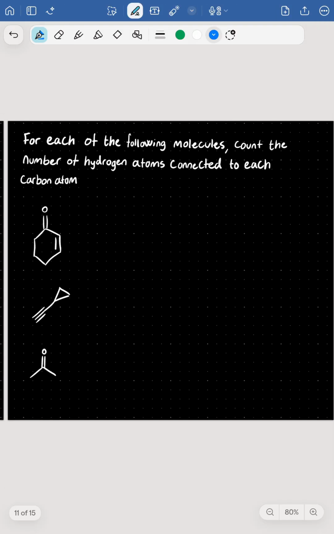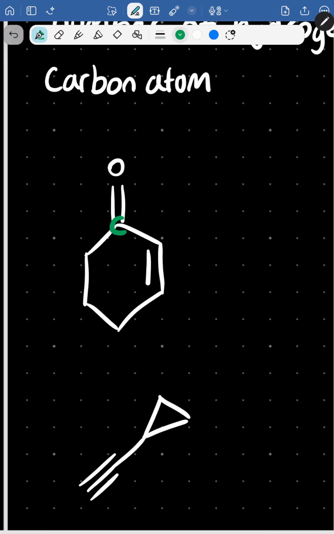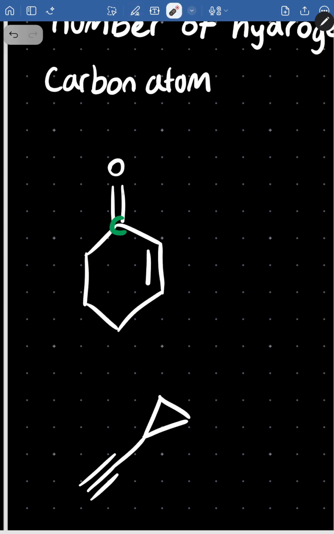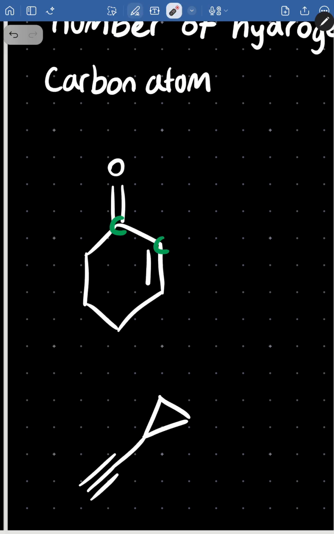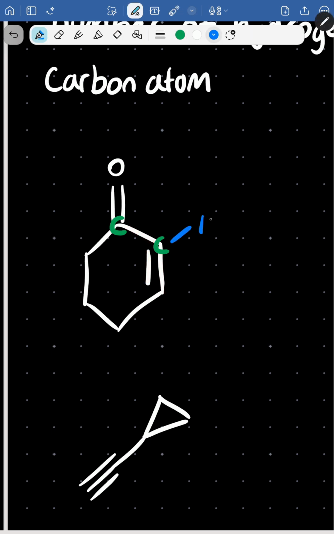For each of the following molecules, count the number of hydrogen atoms connected to each carbon atom. We just do the same principle. First one, this is a C. How many hydrogens does it have? 1, 2, 3, 4. It's occupied, so it doesn't have any. This one has 1, 2, 3. That means it has 1 hydrogen.